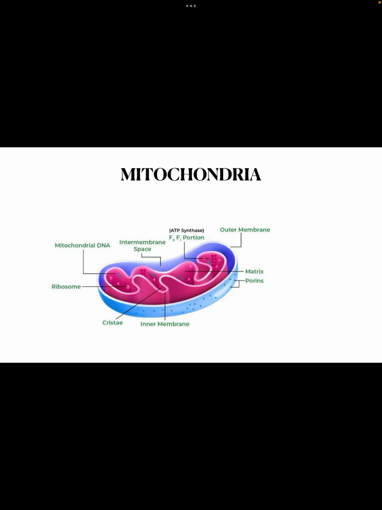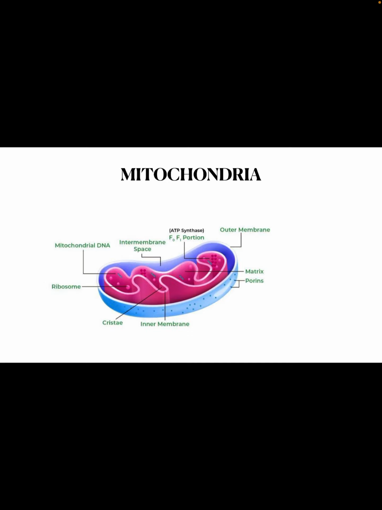And mitochondria is known as the powerhouse of the cell. It is a production of energy. There is an outer membrane, inner membrane and matrix. The outer membrane has smooth permeability and has various enzymes.